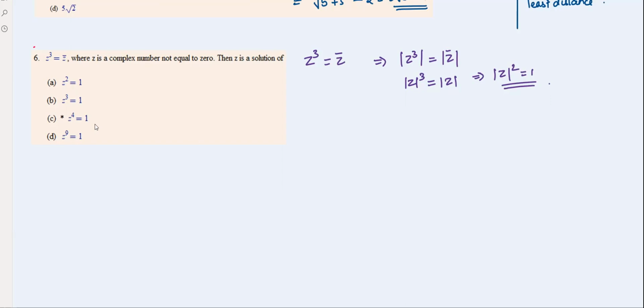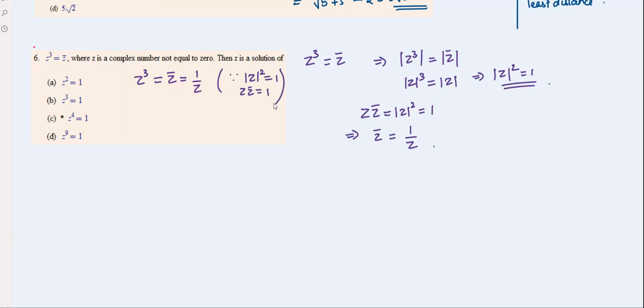Next, if that is the case, z into z bar is mod z the whole square, which is equal to 1. So I get z bar as 1 over z. Okay. So now I write z cube is equal to z bar, which is 1 over z, since mod z bar is equal to 1.